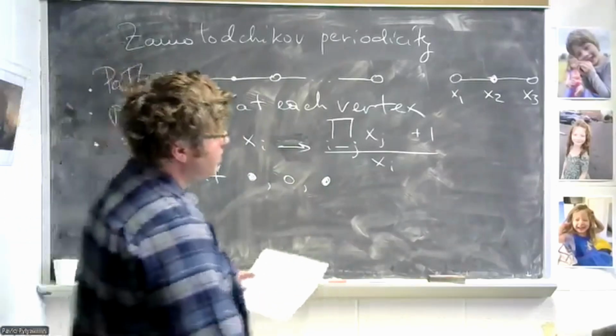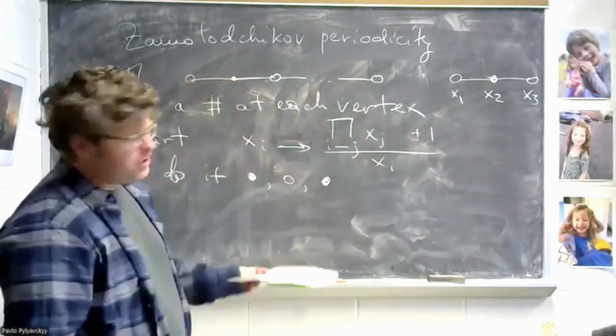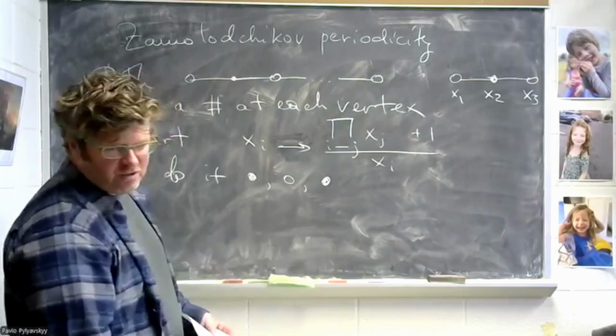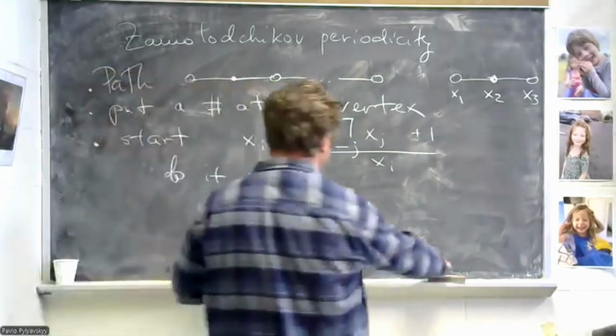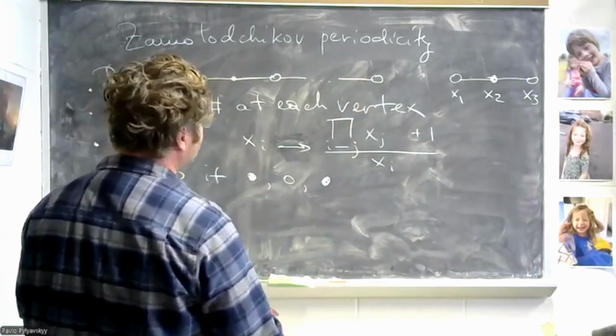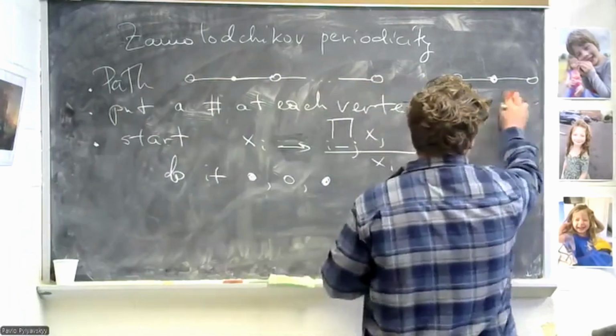We will start with some numbers on our path, and we'll start following this rule. First, we change black numbers, then we change white numbers. Okay, let's try it. Let me try to just do this example over here.